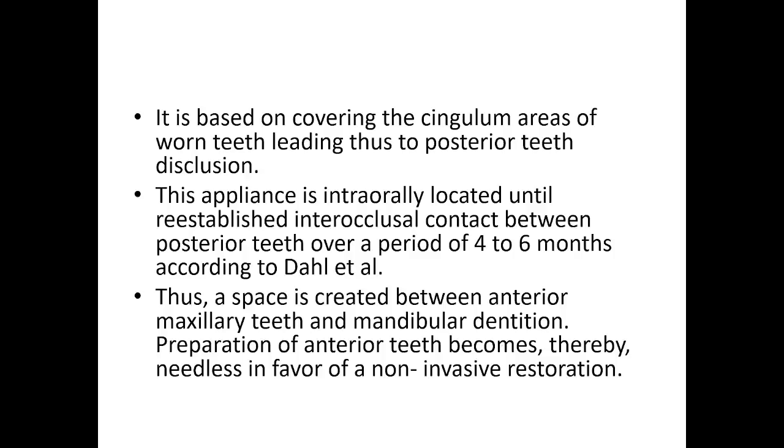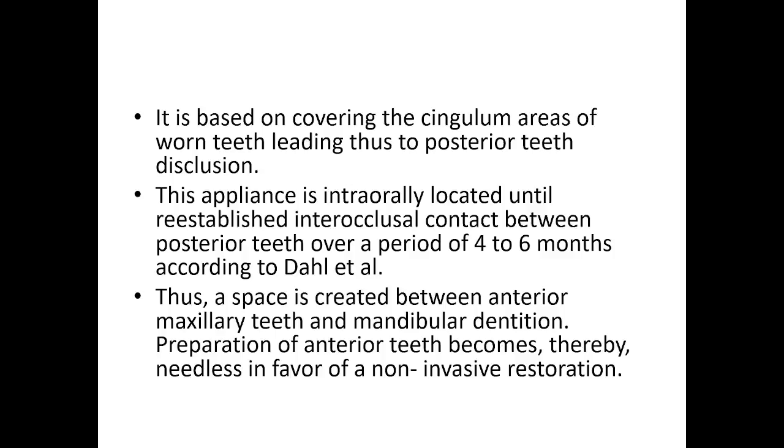It's based on the covering of the cingulum areas of the worn teeth, leading thus to posterior teeth disclusion and over eruption. This appliance is located intraorally until interocclusal contact between posterior teeth is re-established over a period of 4 to 6 months according to Dahl. Thus, a space is created between anterior maxillary teeth and mandibular dentition.